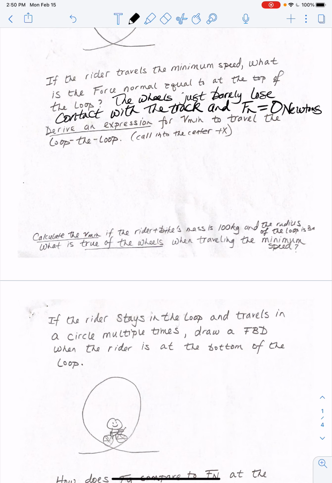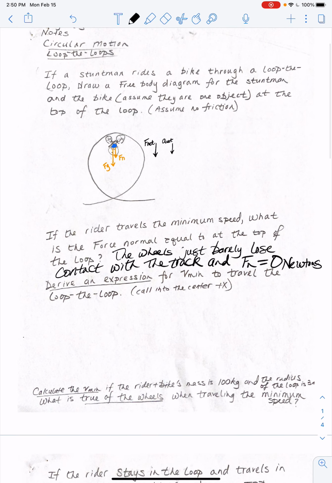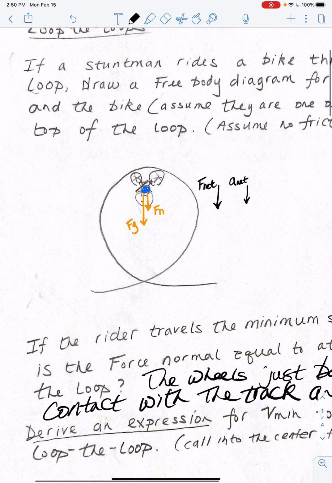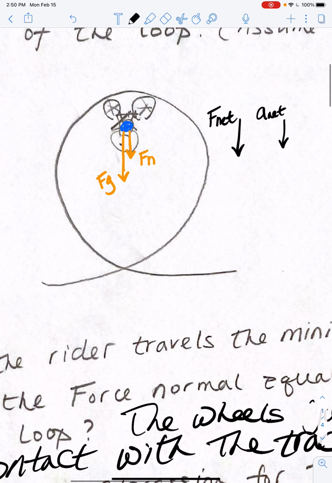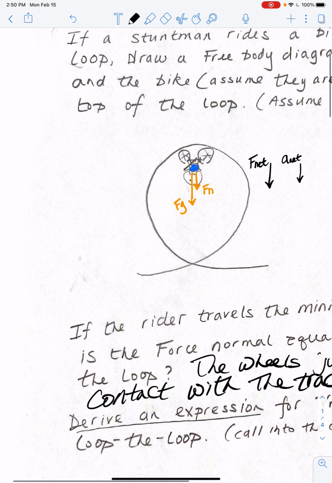Okay. So what I want to point out here is when I get a problem like this, a lot of times down is negative. Whenever I get a circular motion problem, I like to call into the center the positive x direction. It just makes things easier.